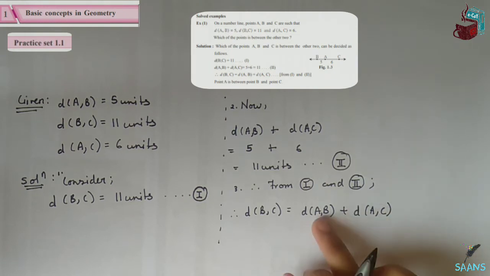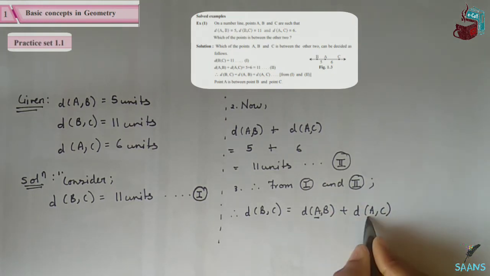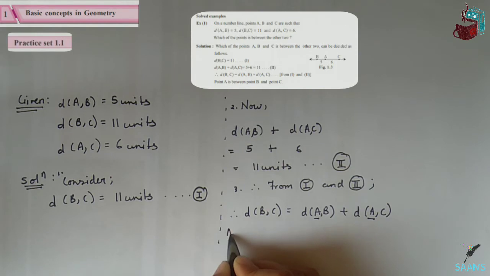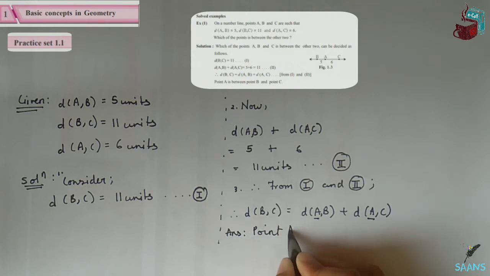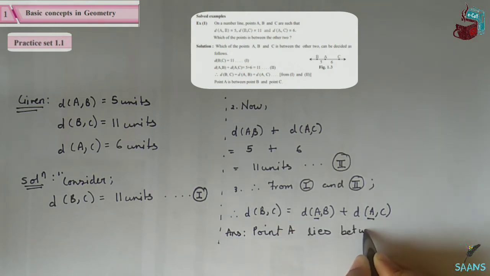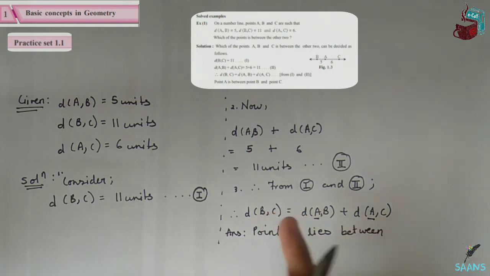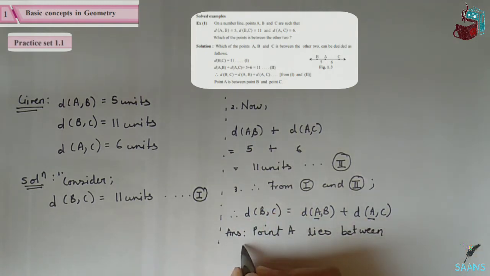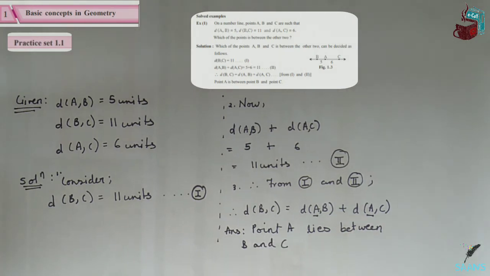The common point is your between point. Therefore point A lies between B and C, because BC are the corner points.